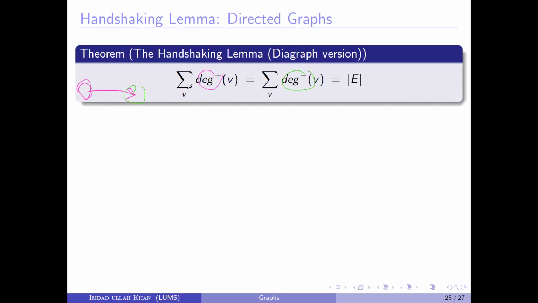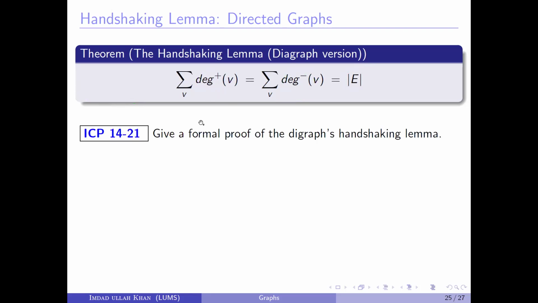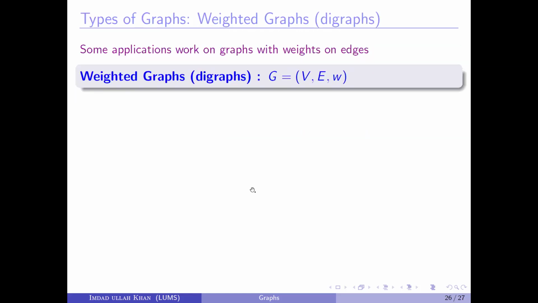Each edge contributes twice in the total degree, once in the in degree, the second time in the out degree. So the total out degree is the same as the total in degree of the graph, and that is essentially the number of edges. So use the lines which we have just discussed in our previous version, and you can demonstrate its proof as an ICP.